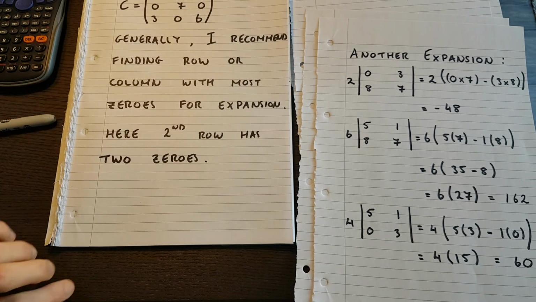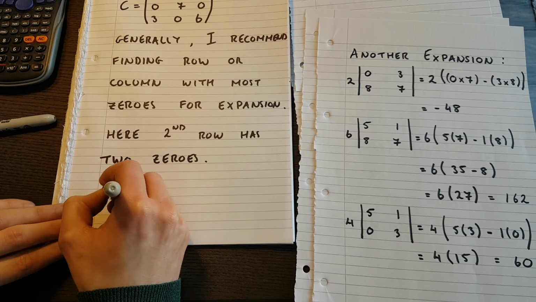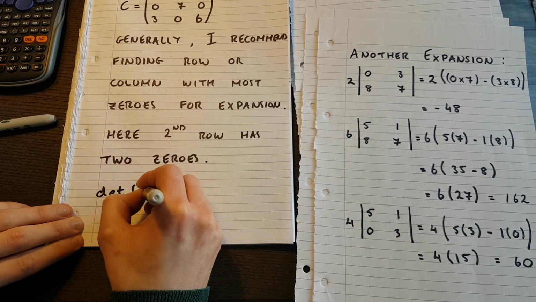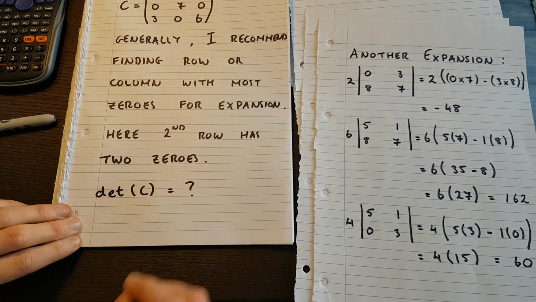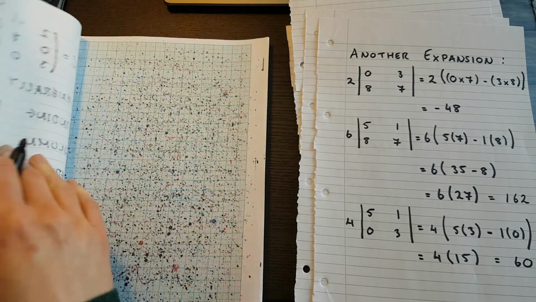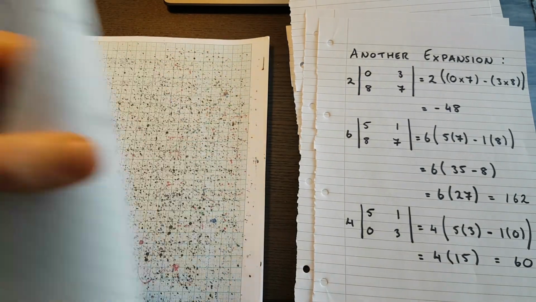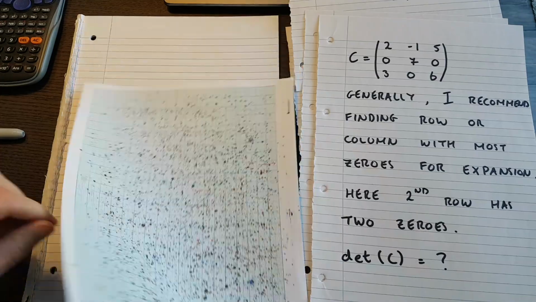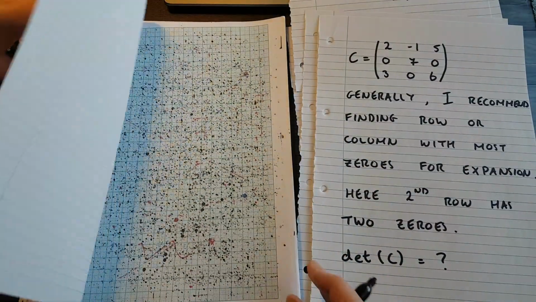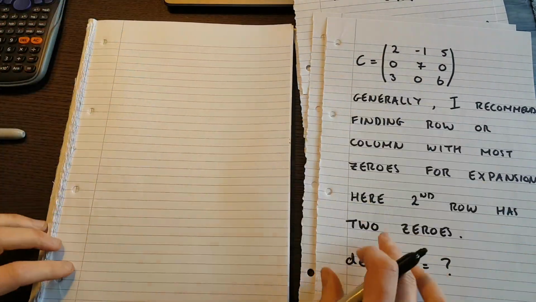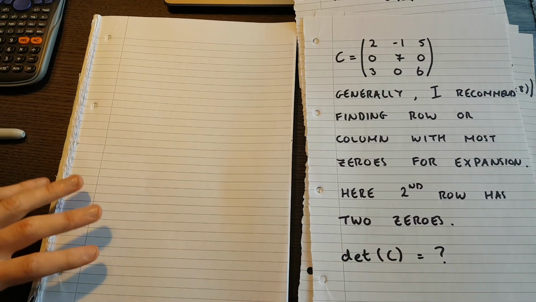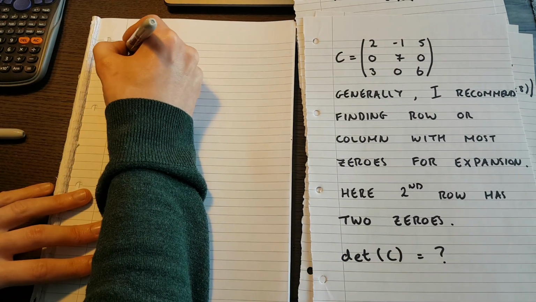So if I wanted to find the determinant of C, how would I go and get it? Well, let's have a look. I would choose to expand in the second row. Okay, and the second row is 0, 7, 0. So the first value is 0.